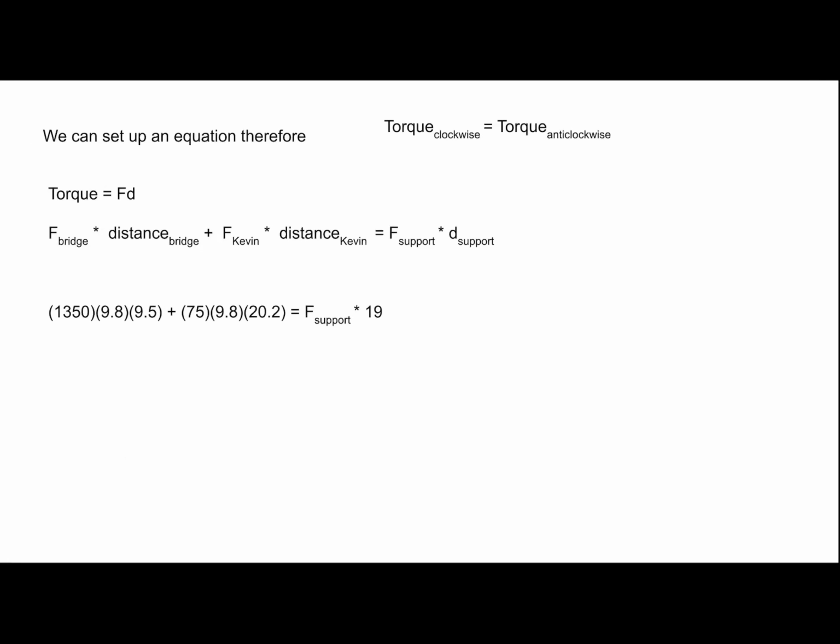That's basically setting up our equation. Now all we have to do is plug into our calculator and solve. So the F of the support times 19 equals 140,532 newton meters. Therefore, the force of the support is 7,396.42 newtons. And that's going to be our force of the support.